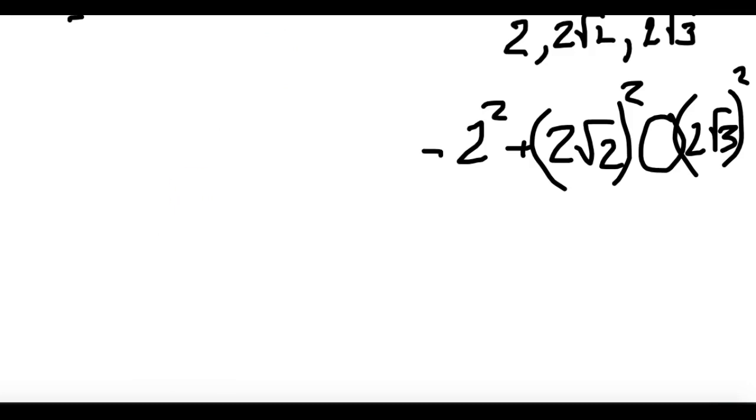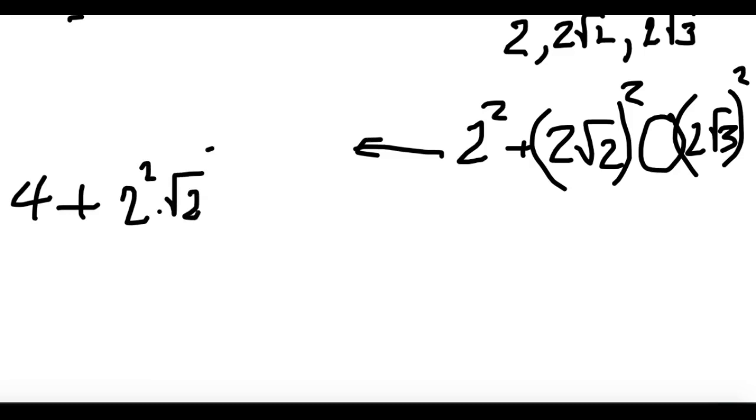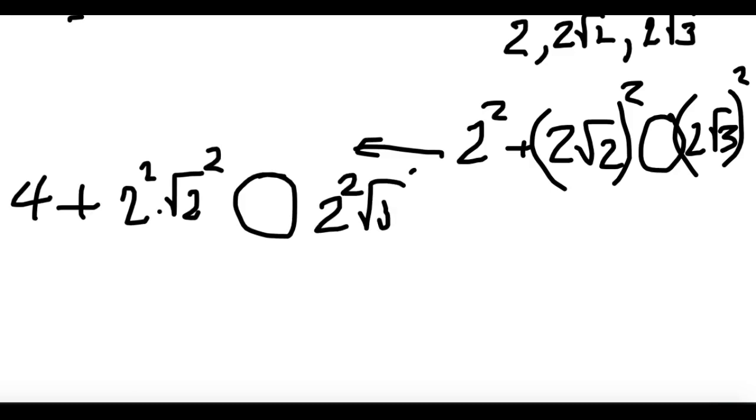So this guy is going to become 4, and then we have to do 2 squared times root 2 squared, and we want to know how that compares to 2 squared times root 3 squared. So these two together are going to make 4, so I'm going to get 4 plus 4.